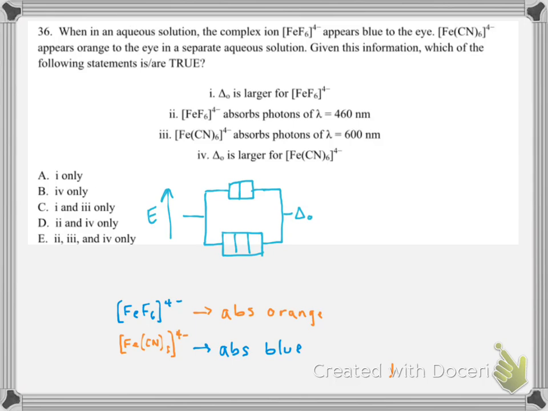Okay, and so orange compared to blue, orange is a lower energy photon because it has a longer wavelength. Whereas blue photons are higher energy, shorter wavelength photons.